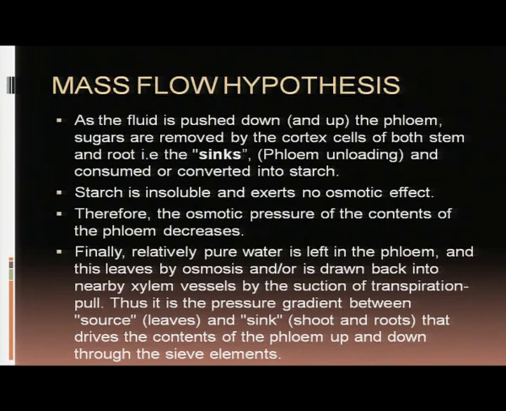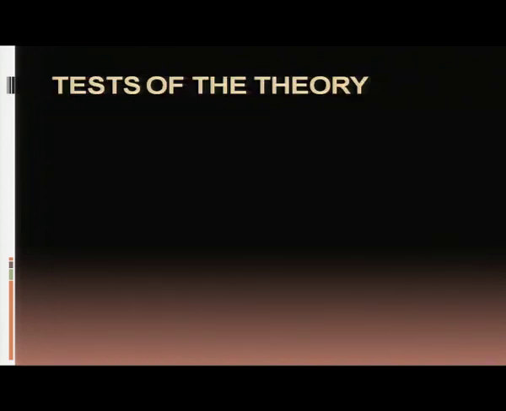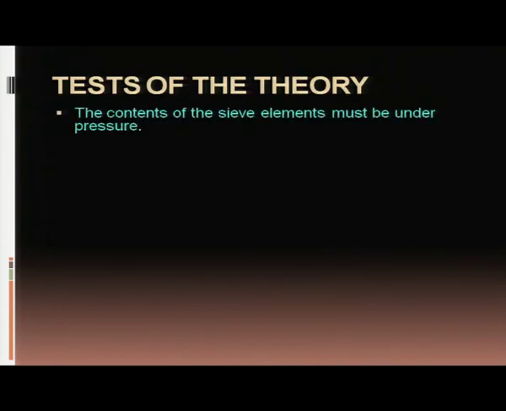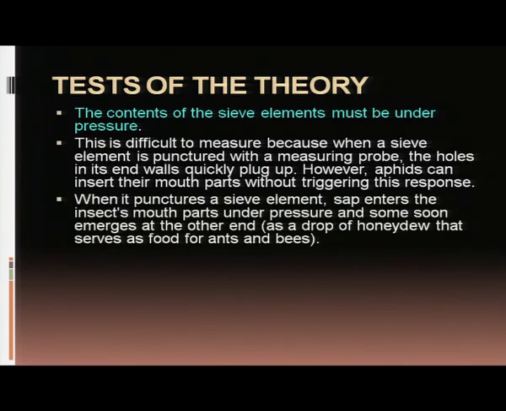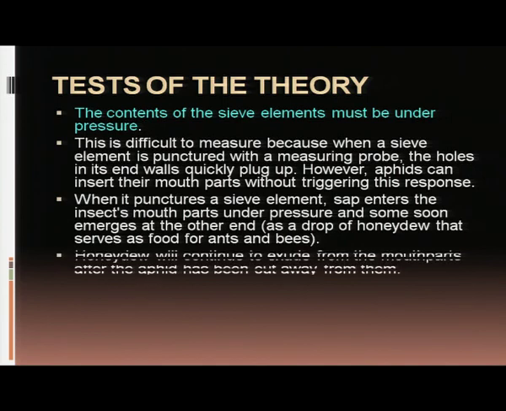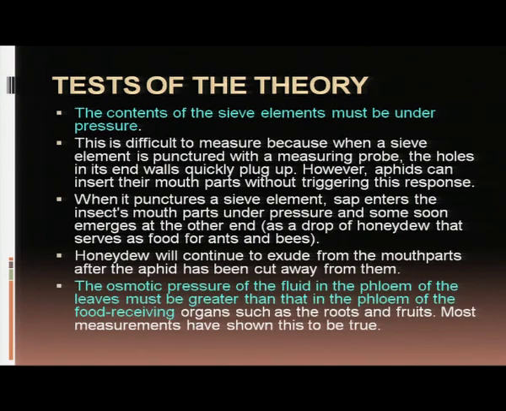The main thing that you have to remember is that phloem loading and phloem unloading are both energy dependent processes. The girdling experiments and the aphid experiment show that this theory is quite correct and is able to explain the flow of solutes inside the phloem.